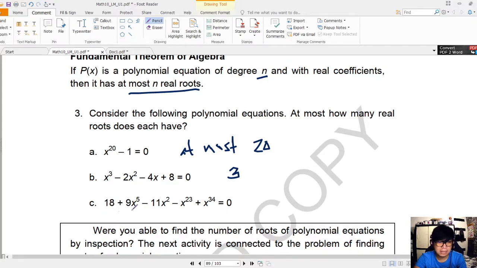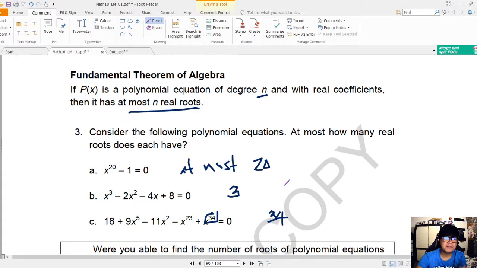Dito, at most, 34. Ito siya, hindi siya na standard form. Kailangan natin i-arrange, di ba? Sa synthetic division natin, kailangan natin siyang i-arrange the descending order of power. So, the degree here is 34. So, at most, 34.